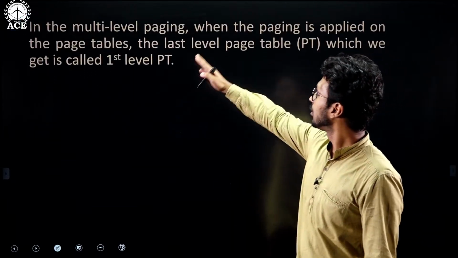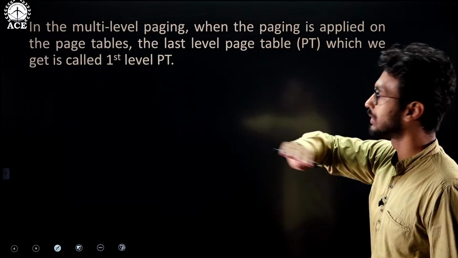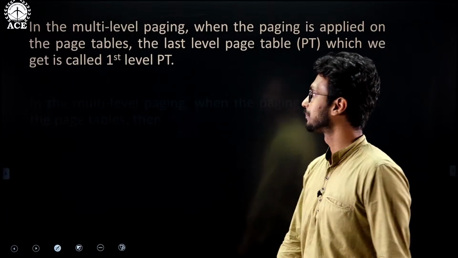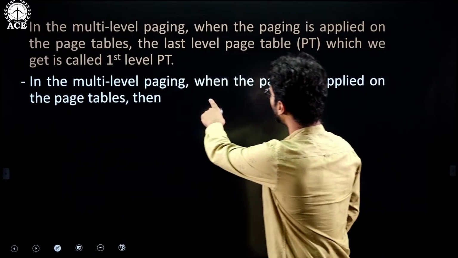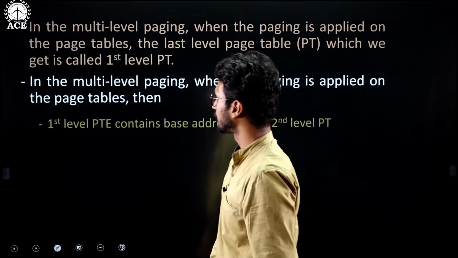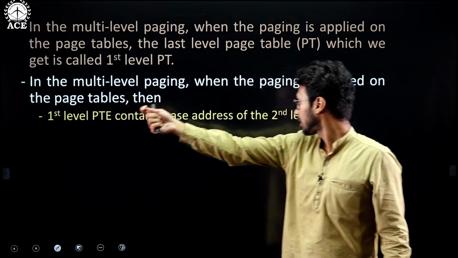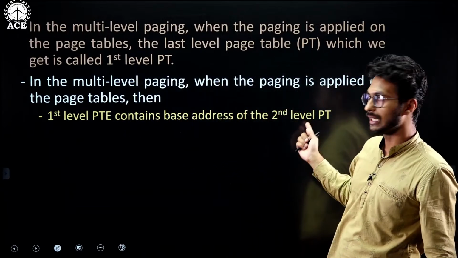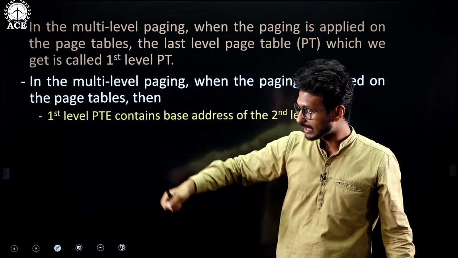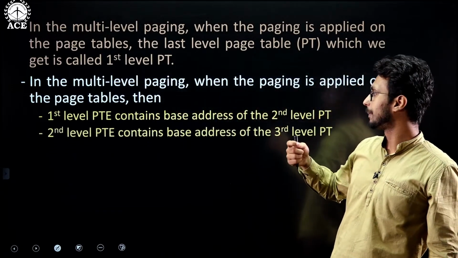So in multi-level paging, when paging is applied on the page tables, the last level page table which we get is called the first level page table. Now next one. The first level page table entry will contain the base address of the second level page table. The second level page table entry will contain the base address of the third level page table.